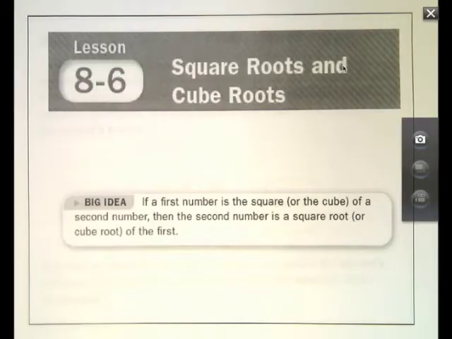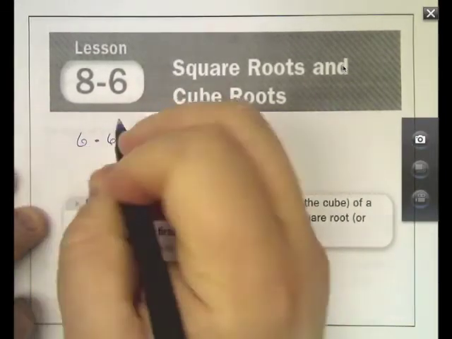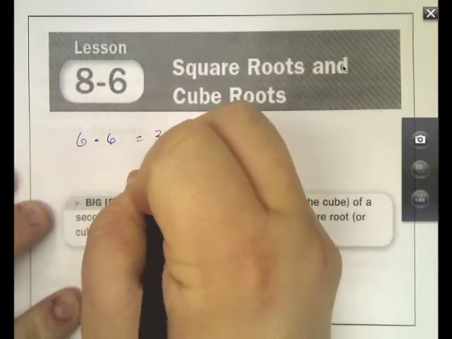Alright, people. Today we're talking about lesson 8-6, square roots and cube roots. The big idea in this case: if a number is the square or the cube of a second number, then the second number is a square root or the cube root of the first. So, for instance, we know that 6 times 6 equals 36.